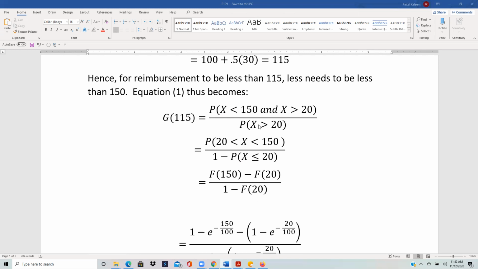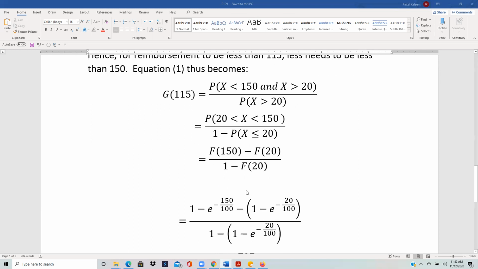And the probability X greater than 20 we change into 1 minus the probability X less than or equal to 20, because we will work with the CDF, and the CDF works in this direction. So the probability X between 20 and 150 would be the CDF at 150 minus the CDF at 20. And the probability X less than 20 is just the CDF at 20.